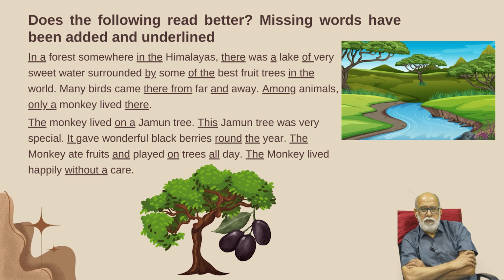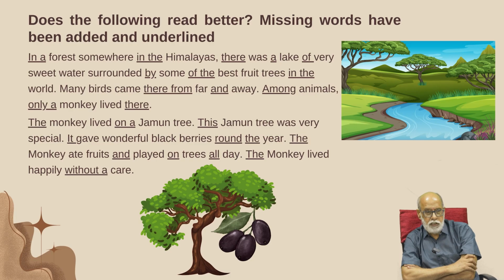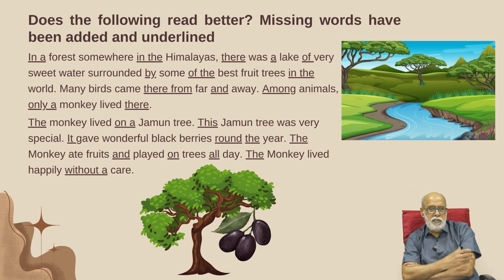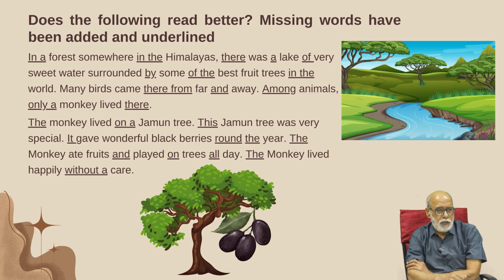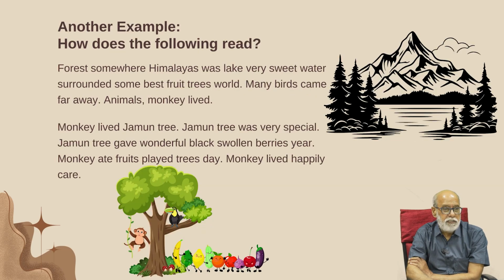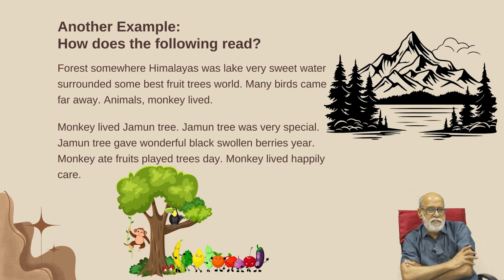Doesn't matter. What matters more is, do you know how to use these devices of coherence and cohesion correctly, appropriately? If you do, then these sentences would read wonderfully well. Look at the second paragraph on the previous slide. These sentences are unconnected.